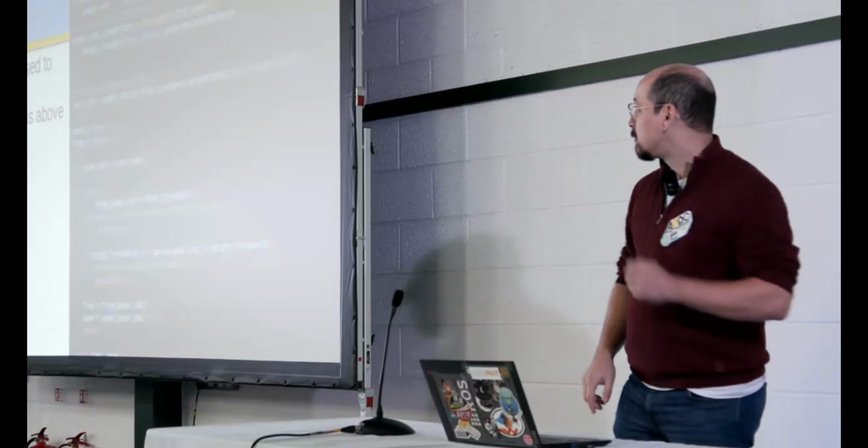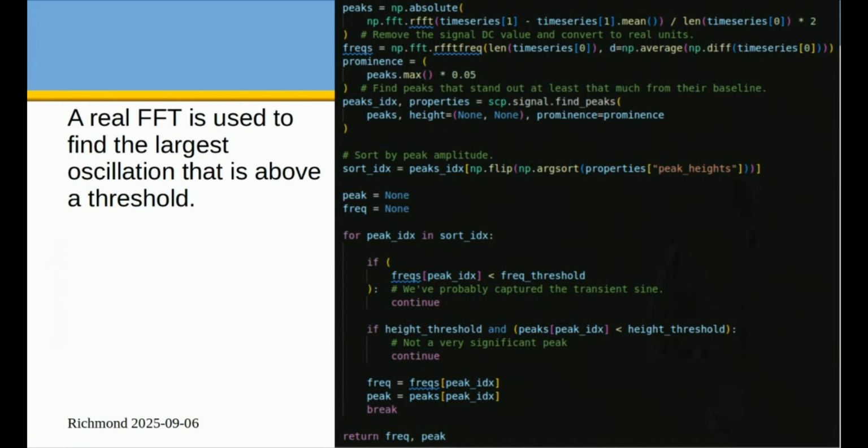A note about the oscillations and how they are recorded. It's a fast Fourier transform through that section of the log. So you can extract all of the frequency components of your log, amplitude and frequency. But of course you don't want to see noise in there. So I did a simple thresholding on both sides.